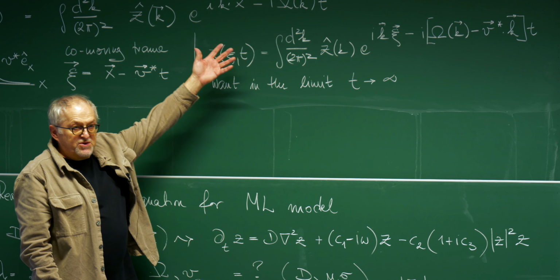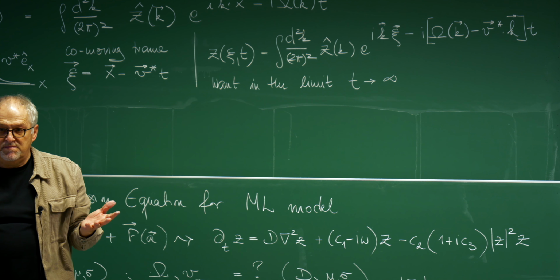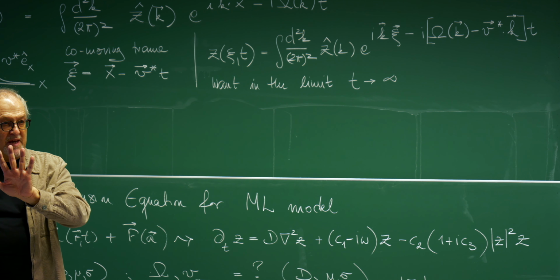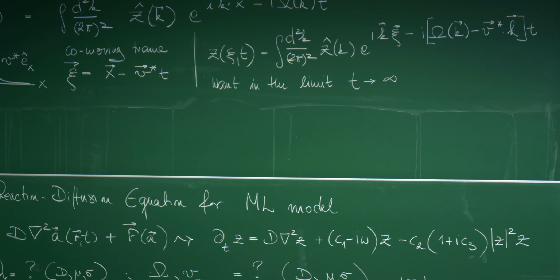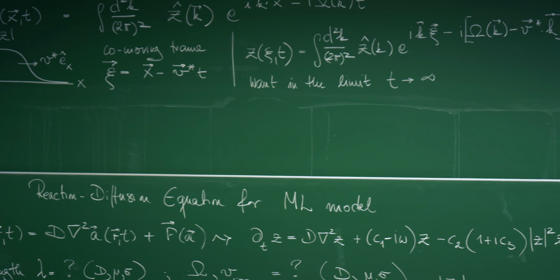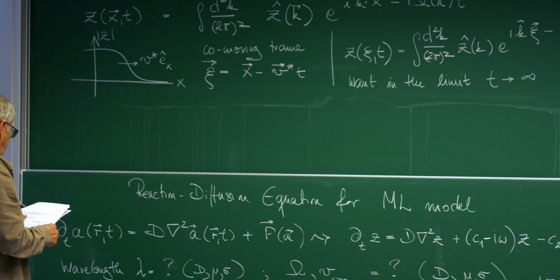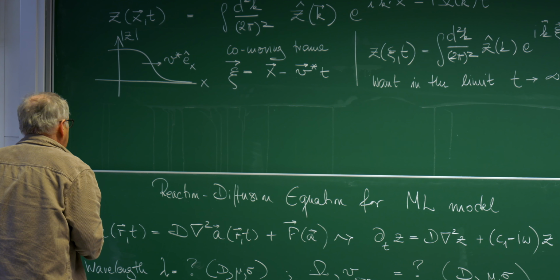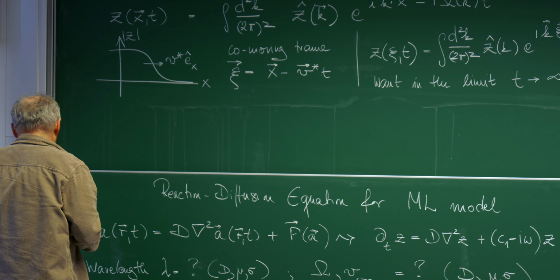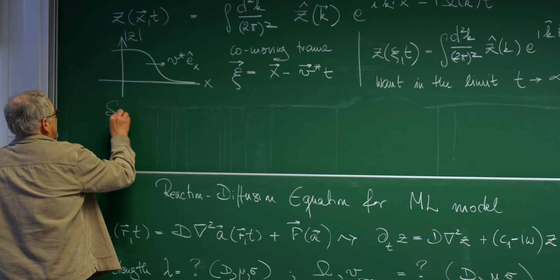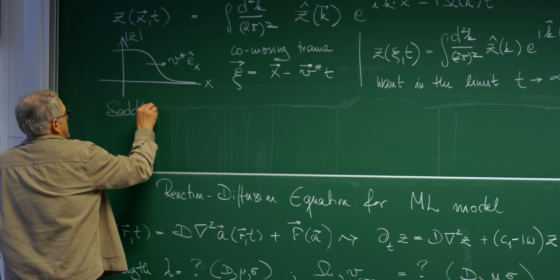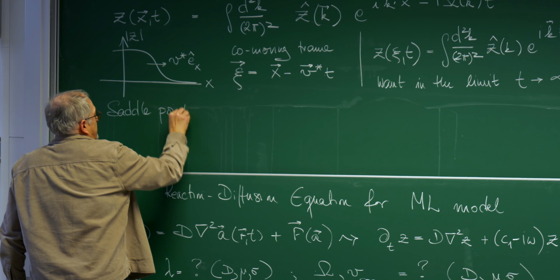If this is supposed to be a traveling wave solution, it should keep its shape, right? It should not change its shape at all. So it should be stationary, a stationary solution of that. And we can use that to determine the integral by, as we did earlier, making a saddle point approximation.